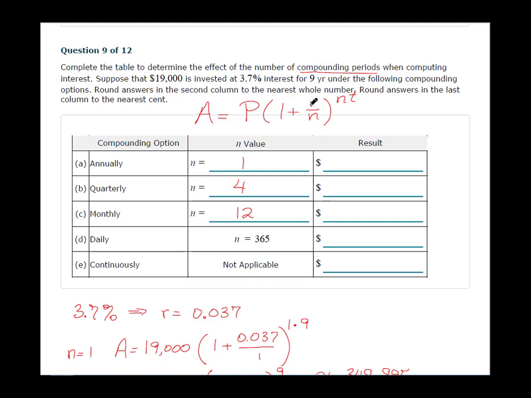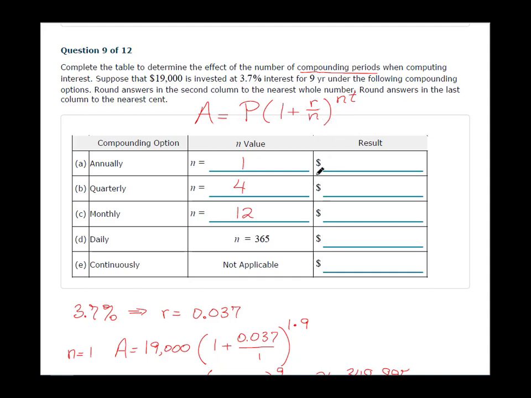R is the annual interest rate. And N is how often the interest is calculated. So annually means once a year, quarterly N is 4, monthly is 12, and daily is 365. We'll talk about continuous in just a moment. That's a different formula. If it's one of these fixed number of compounding periods, then it's this formula.